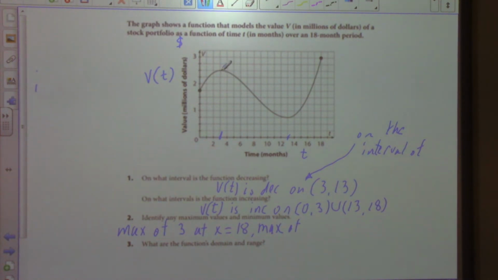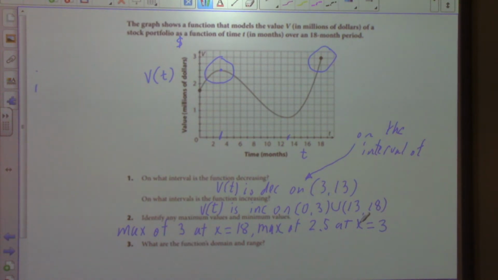Right here's a maximum too, right? So we got this maximum here already, but do we have another maximum? Yes, we do. What is that maximum? 2.5. So 2.5, Marcus, at x equals 3.